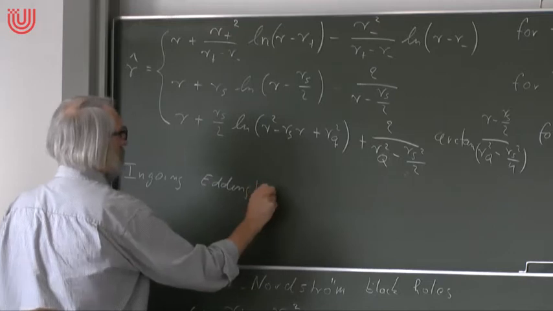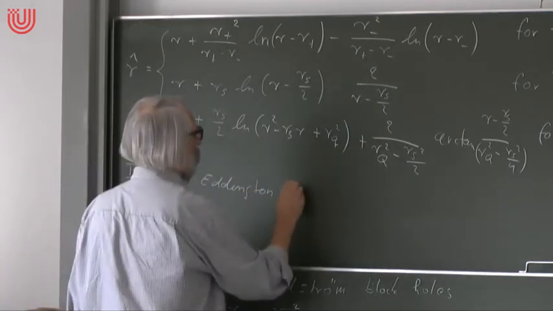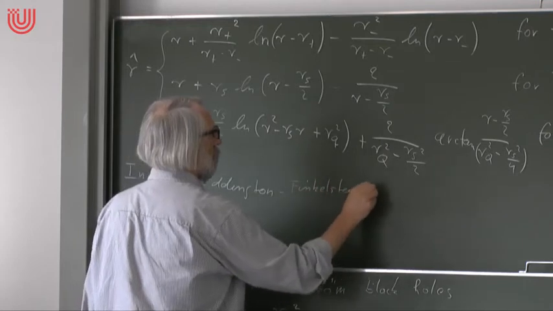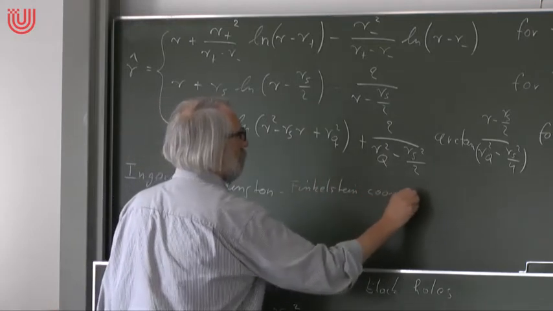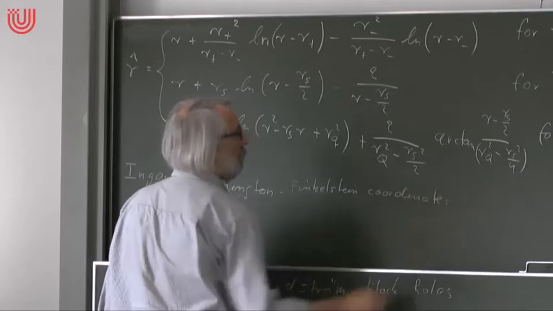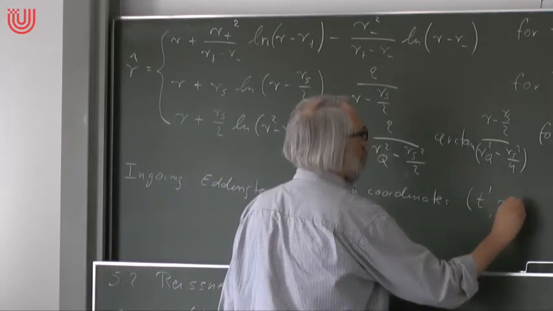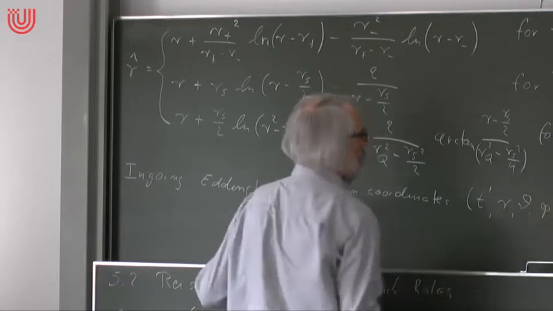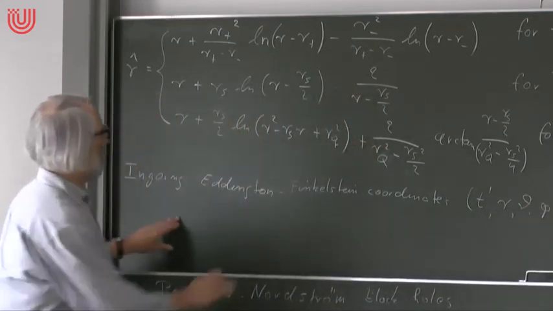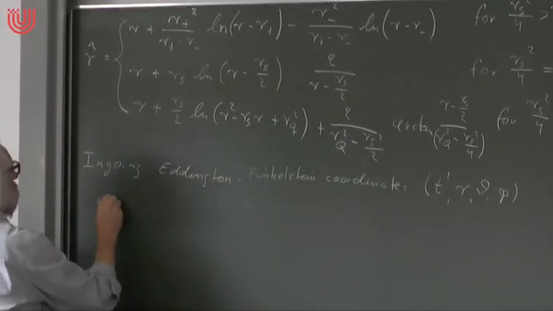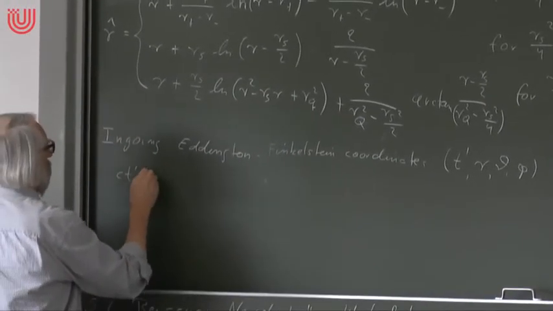And I get ingoing generalized Eddington-Finkelstein coordinates. So the coordinates are t prime, r, theta, and phi. Nothing happens with theta and phi. They are untouched.